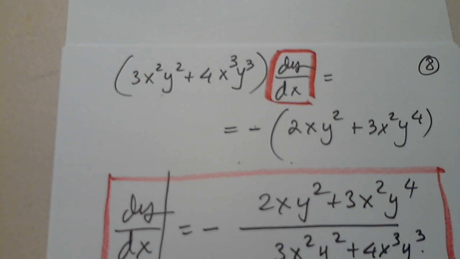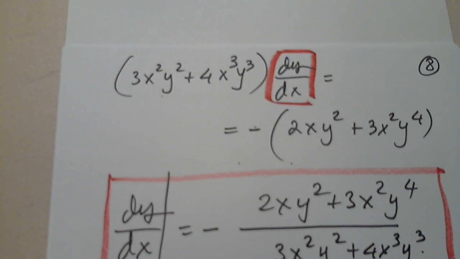Differentiate implicitly to find dy over dx, the derivative of y with respect to x. Then find the slope of the curve at the given point. So these are more human, not as involved as this one was.